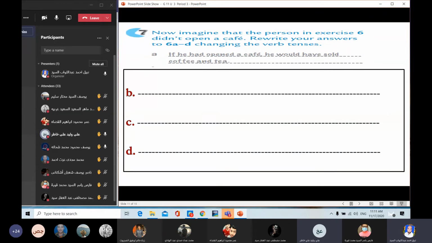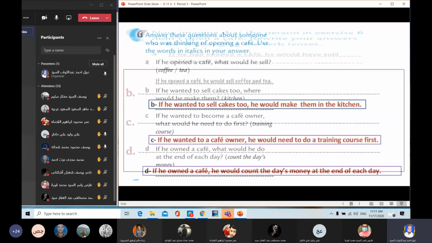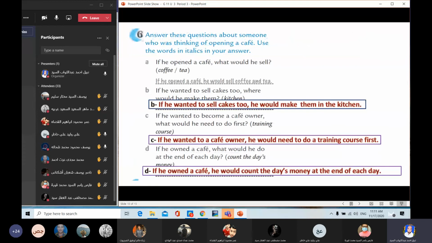No, Ali. Use the third conditional. Look at the exercise, Ali. Look at exercise number 6. Here, exercise B. If he wanted to sell cakes too, he would make them in the kitchen.